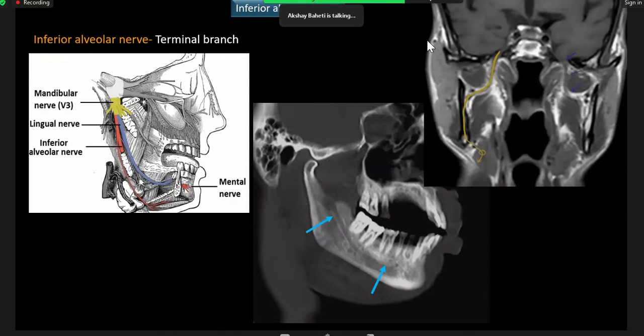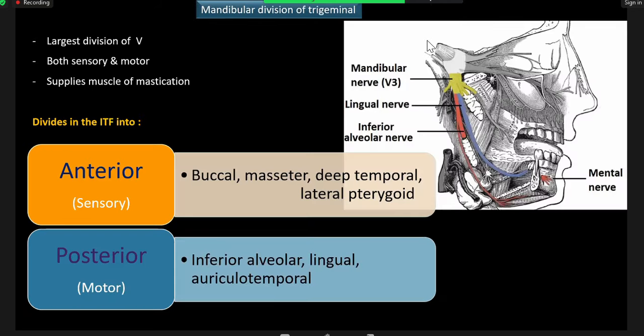Yeah, we can see the slides. But this is the anatomical slide, right? With the illustration of the inferior alveolar nerve. Is it seen now?